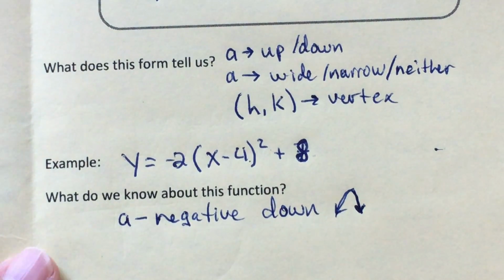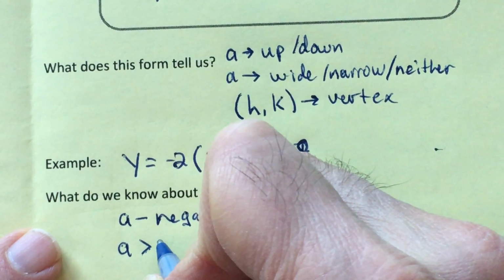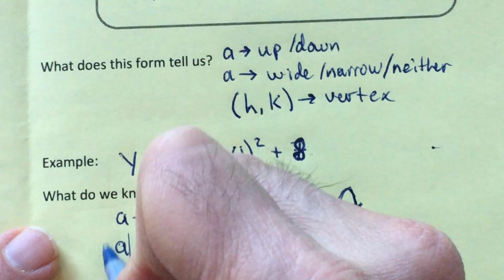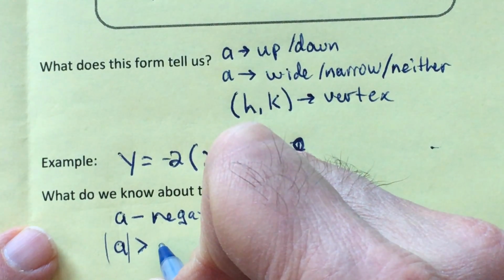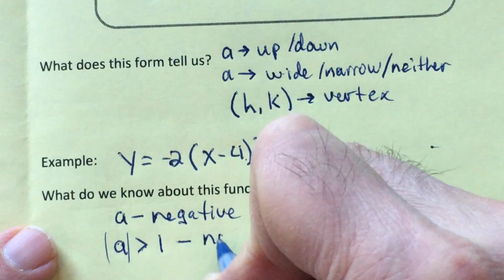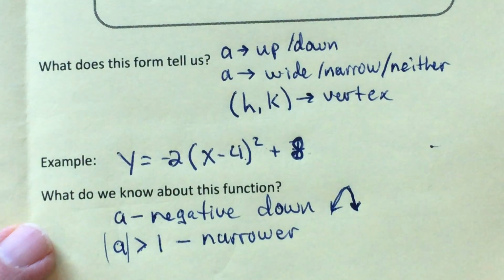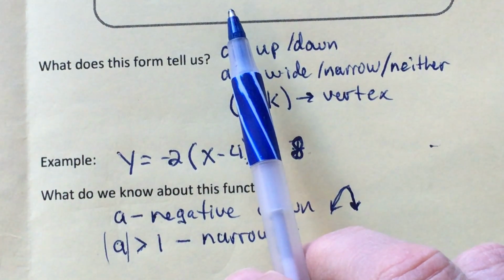Okay, the parabola faces down. The absolute value of a is greater than 1. Therefore, it's going to be narrow, or narrower than your standard parent function.